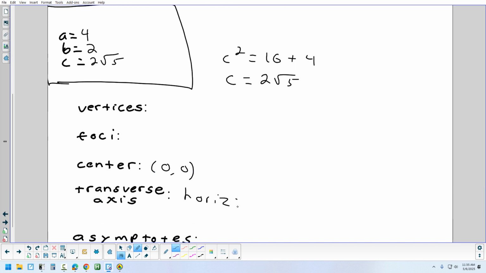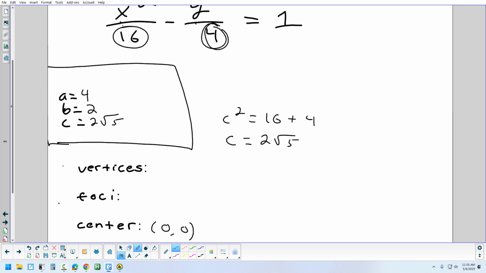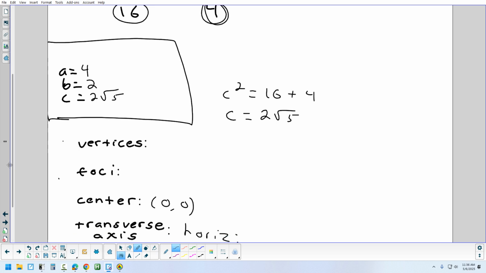Now we can do the vertices and the foci. How many units away from the center are the two vertices? 4 units, and they are going to be 4 units to the left and to the right. So we're going to have negative 4, 0 and positive 4, 0.